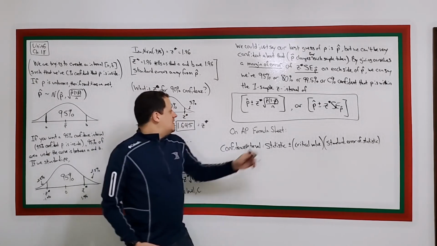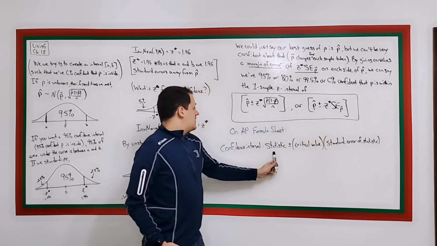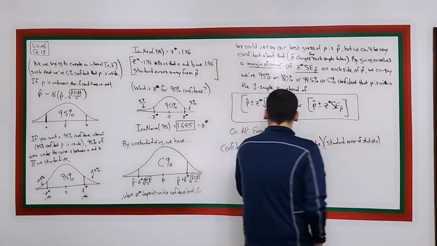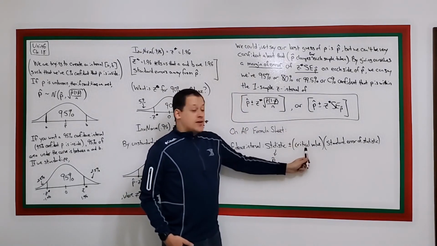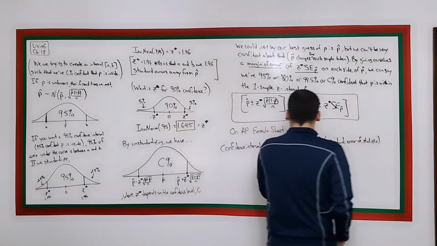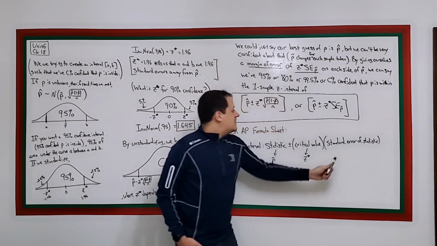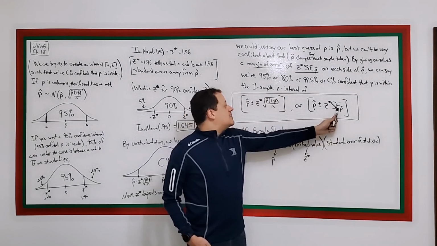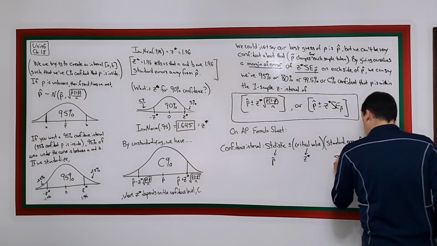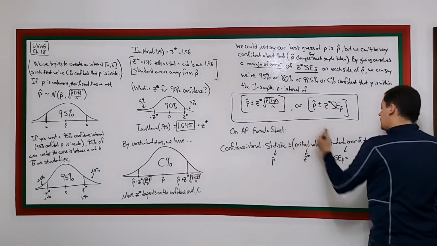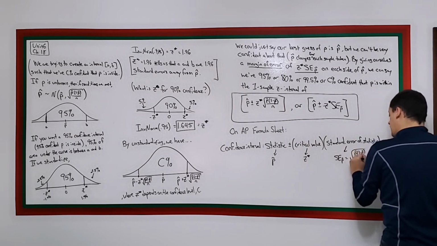And you can see what that looks like using this format. The statistic, in this case, for a one sample z interval, is p hat. Plus or minus, the critical value is what we call z star. And the standard error of the statistic is the standard error of p hat, which is equal to the square root of p hat times 1 minus p hat over n.